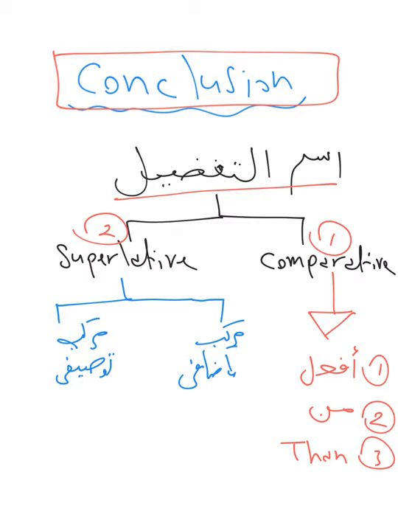If the ismu tafdil is in the superlative form, it will either be used as al-murakkab al-idafi, or it will be used as al-murakkab al-tawsifi. We have not covered al-murakkab al-tawsifi as yet. This will inshallah take place in the next video.